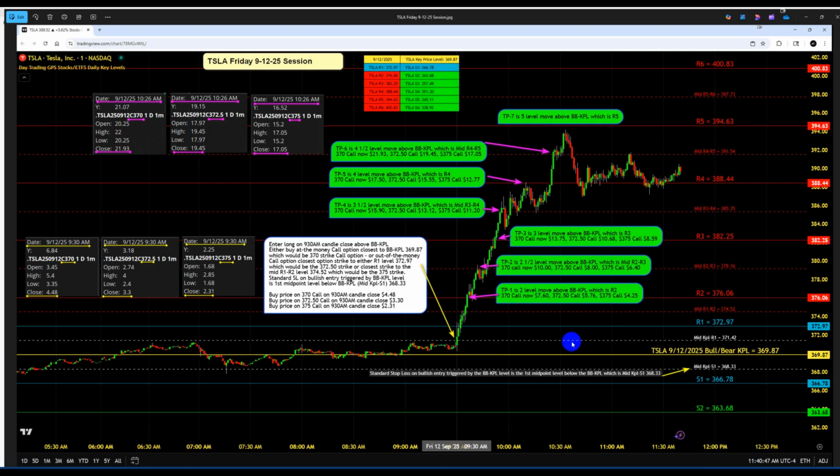If instead we got a bearish entry signal today triggered from the bull-bear KPL level, then your standard stop loss would be the mid KPL R1 level, which today is 371.42 for Tesla.